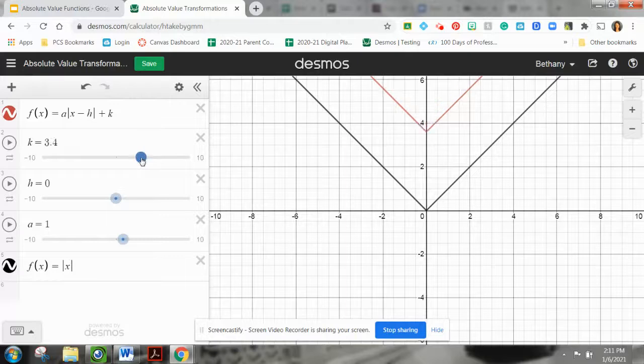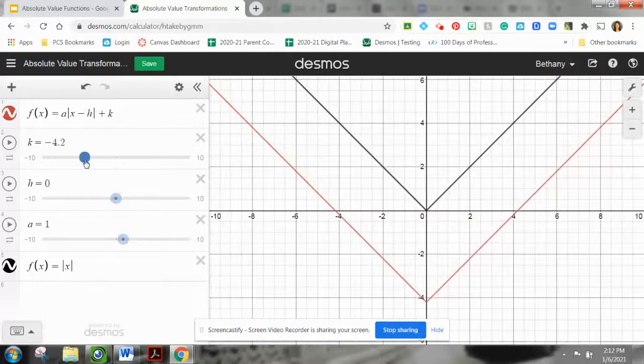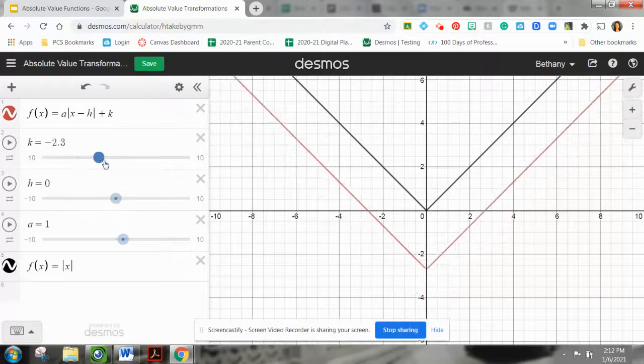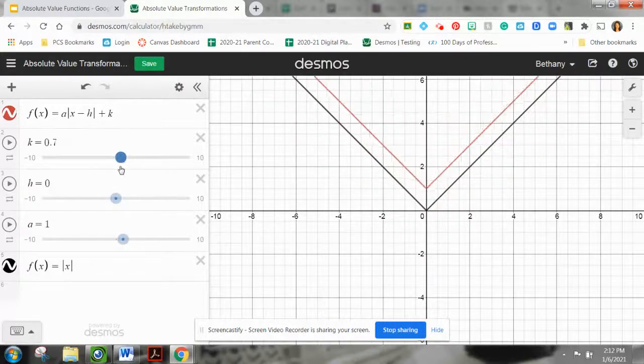Conversely, if I make k negative, my graph has translated or shifted down. So k, just like in our other transformations, k moves it up and down. Okay. So I'm going to put that back at 0.